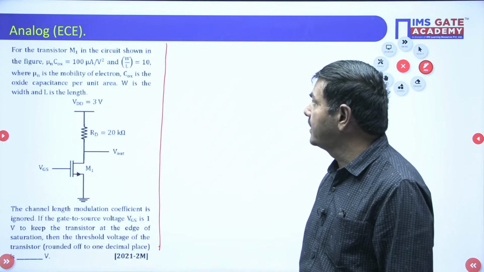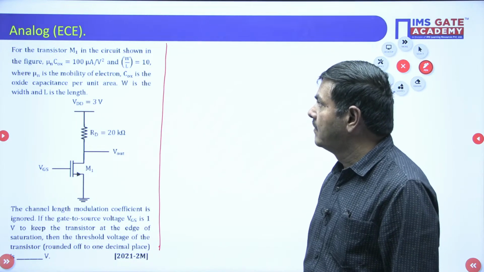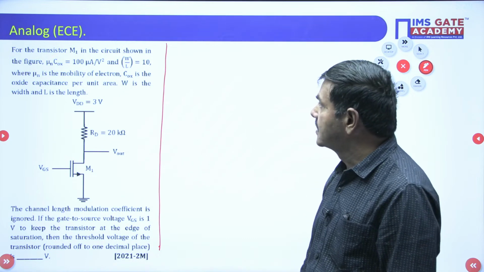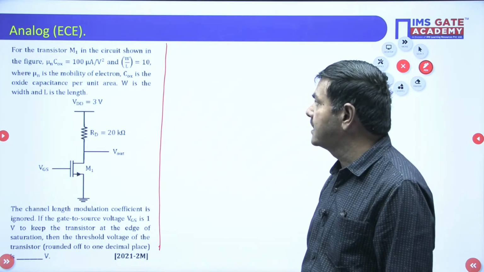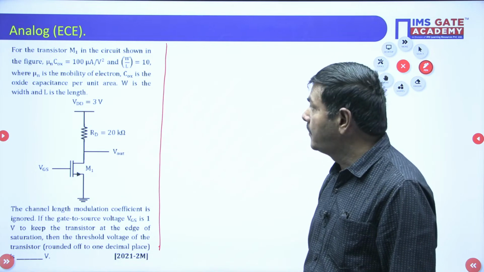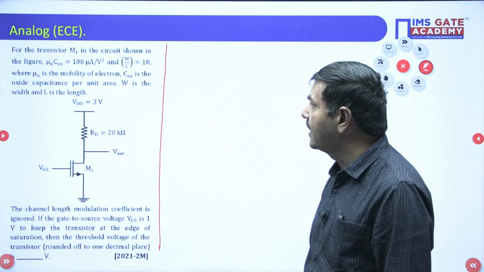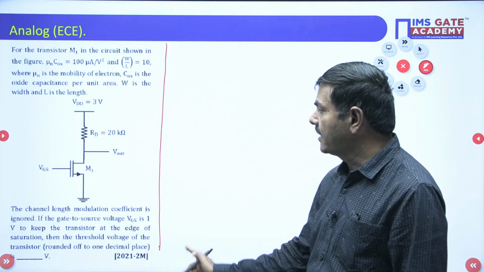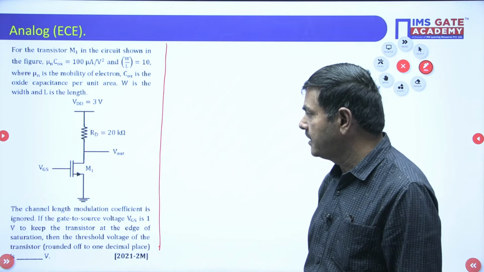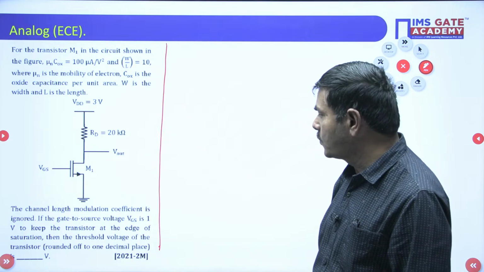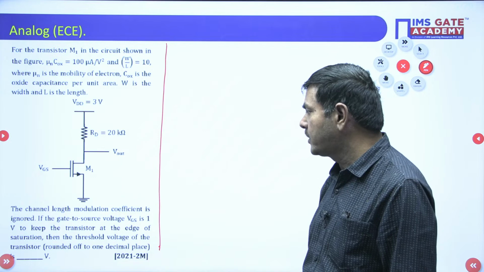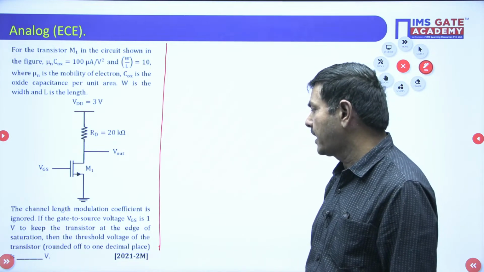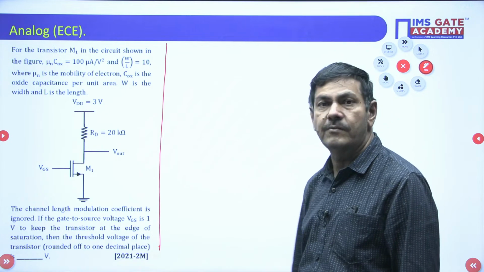And W by L equals 10, where mu n is the mobility of electrons, COX is the oxide capacitance per unit area, W is the width and L is the length. The circuit is given. The channel length modulation coefficient is ignored. If the gate to source voltage VGS is 1 volt to keep the transistor at the edge of saturation, then the threshold voltage of the transistor is required.